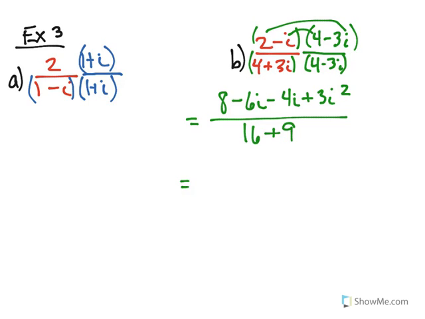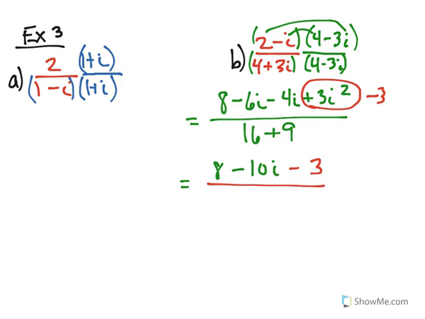When I clean this up, on the top I can combine the 6i and the minus 4i, and that gives us a minus 10i. But notice that my plus 3i squared is going to end up being a negative 3. So I get a minus 3 up on top, and on the bottom I get a 25.